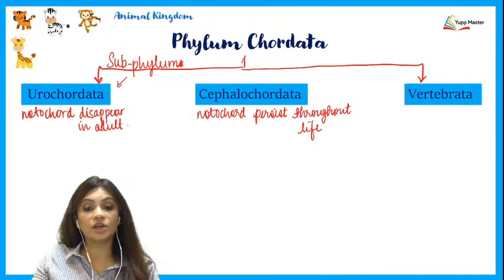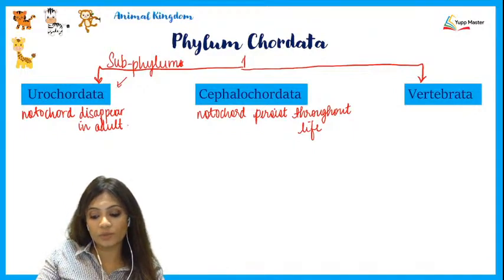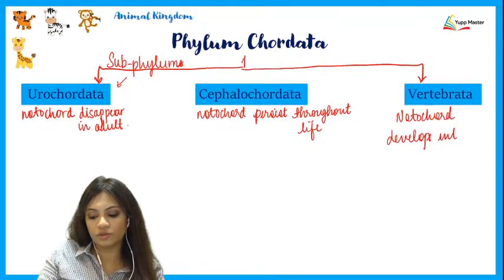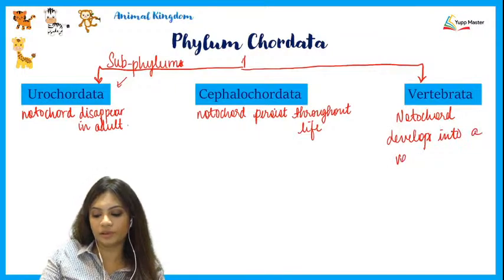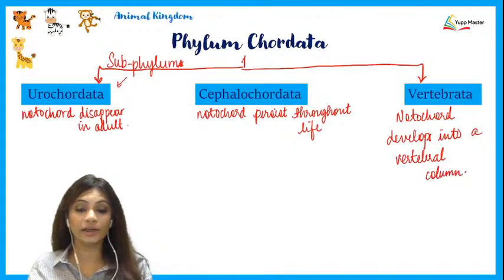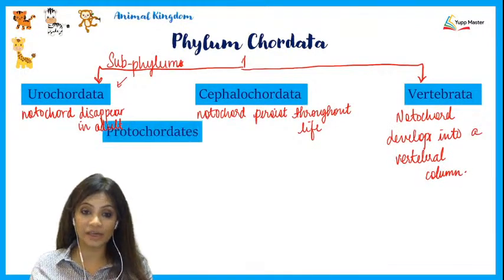And when we talk about the Vertebrata, this is where the notochord develops into a vertebral column. So these are the three subphyla present.